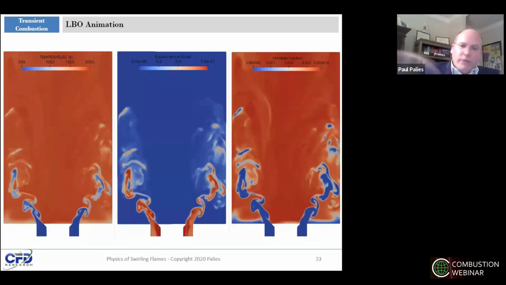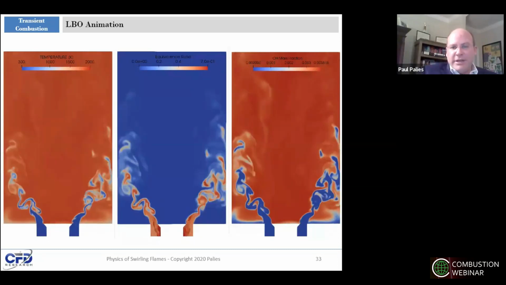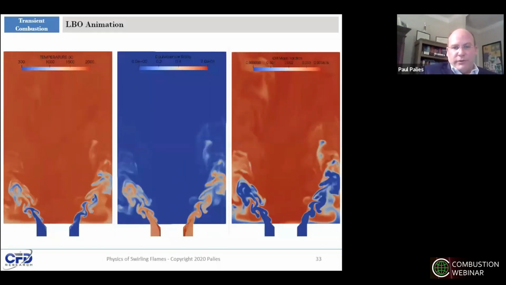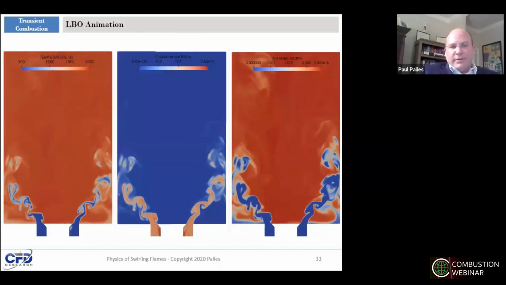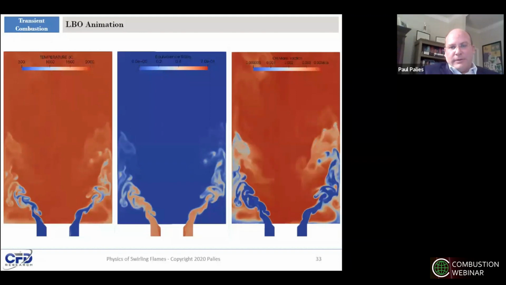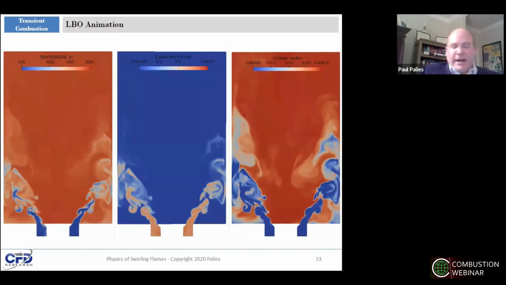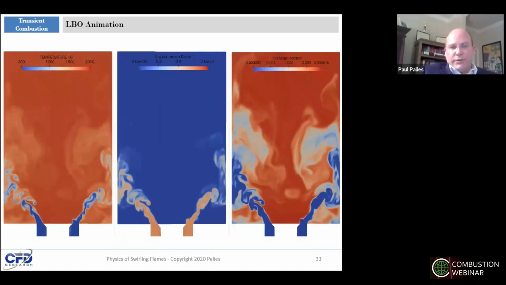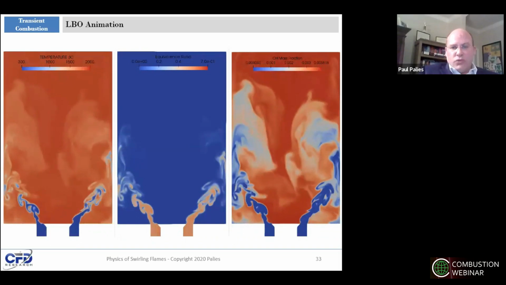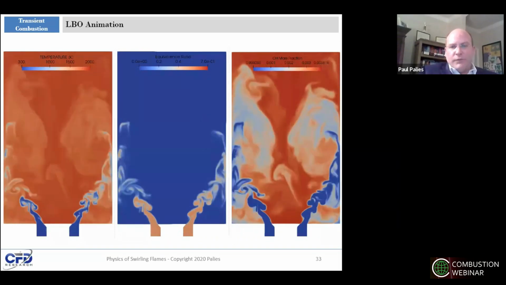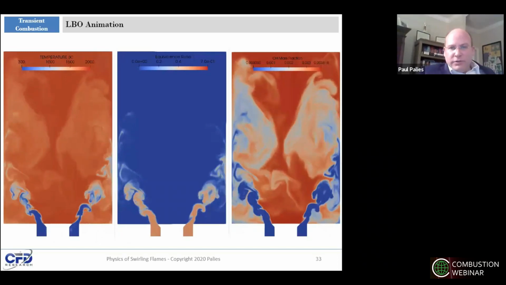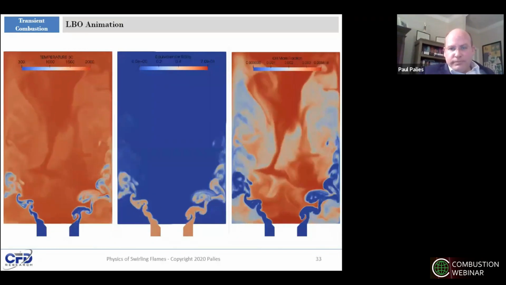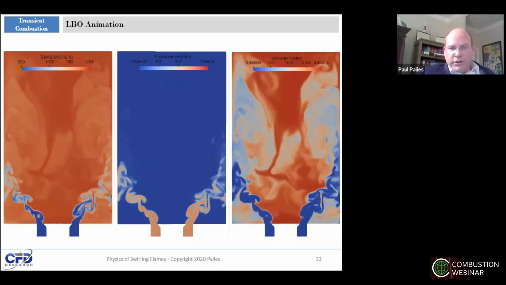This further reduces the reaction of the swirling flame and creates a sort of feedback loop that reduces the temperature and the reaction further, and should lead to the onset of LBO. On the right of the slide, you see the large-scale OH reduction that is trapped in the inner recirculation zone.